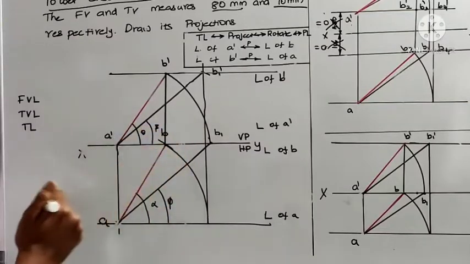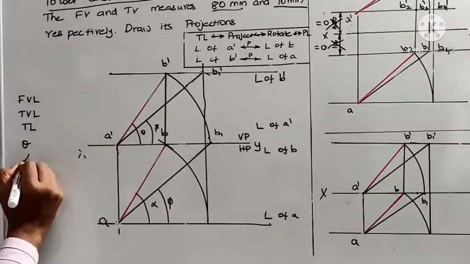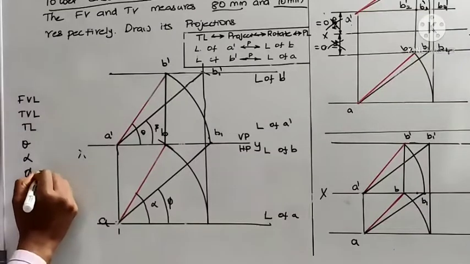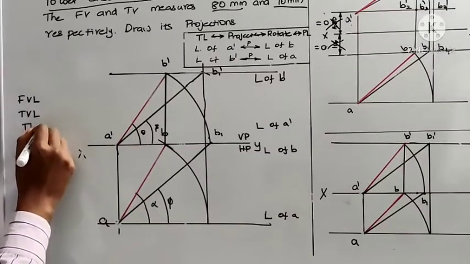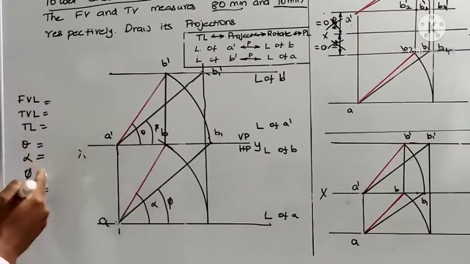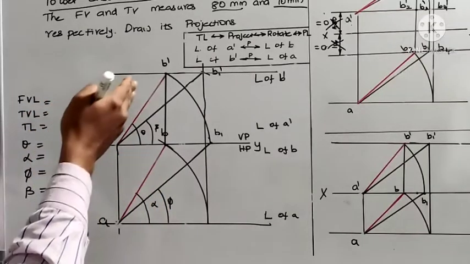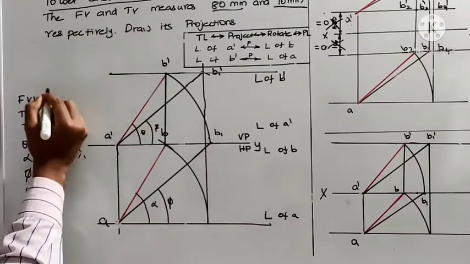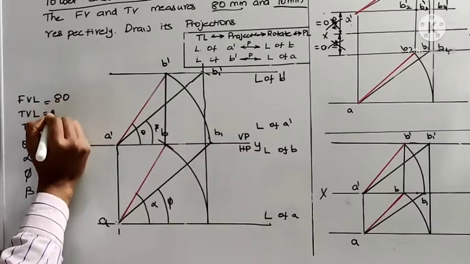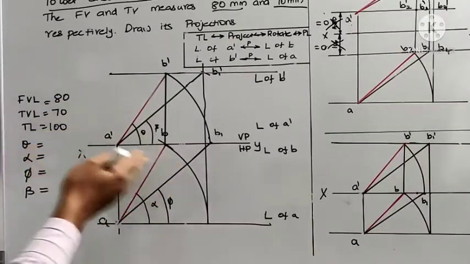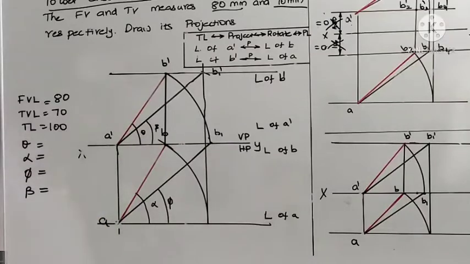See, I have 4 angles, so you need to mention theta, alpha, phi and beta. So you need to mention this. Okay. So you need to measure the angles with the help of a protractor and write them here, and you need to write the lengths, because they are already given in the question. The front view length is 80, the top view length is 70, the true length is 100, and you need to measure the angles and write them here. Okay. So thank you.